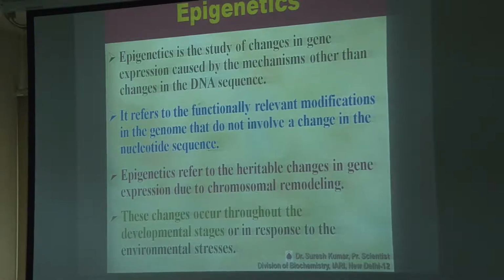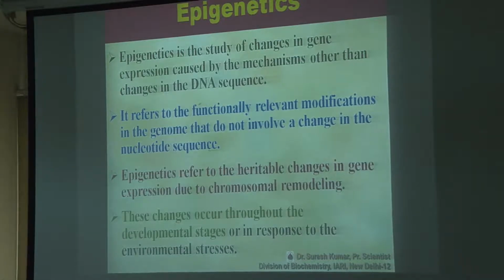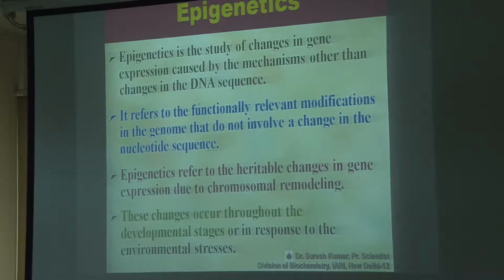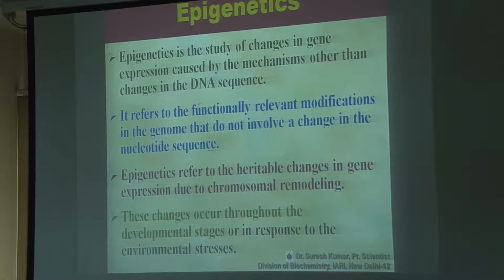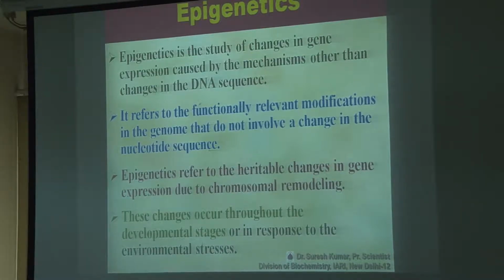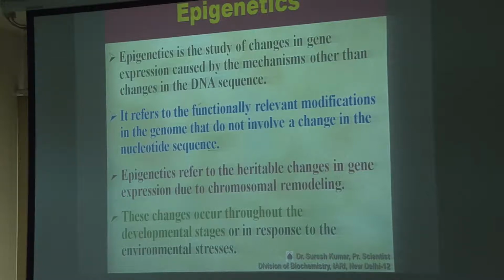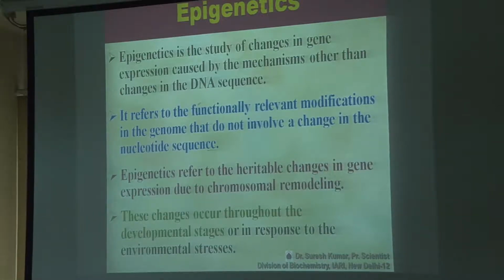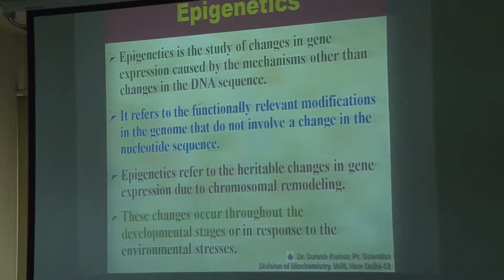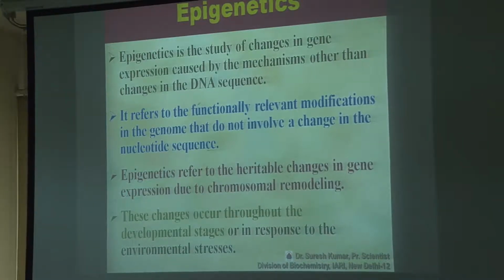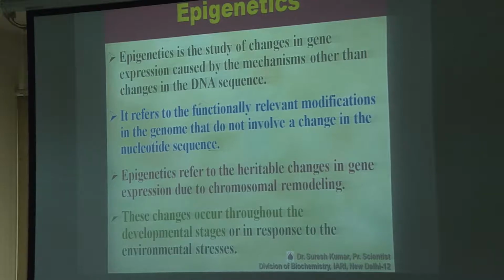So, genetics deals with the expression of genes and not only expression of genes, but transfer of genetic material from one generation to another generation. Let us see what epigenetics is. By the name itself, epi plus genetics. So, something is added, and epi, if you see, is a prefix taken from the Greek language.